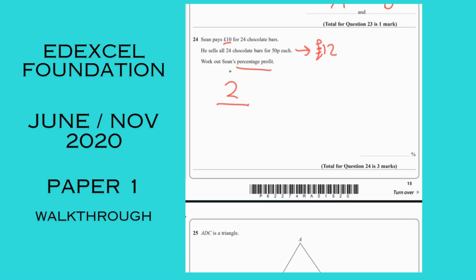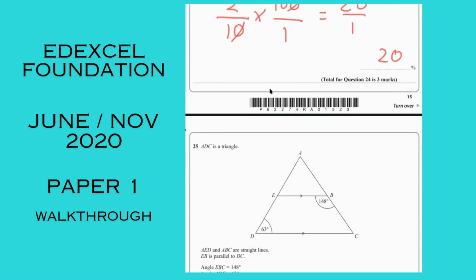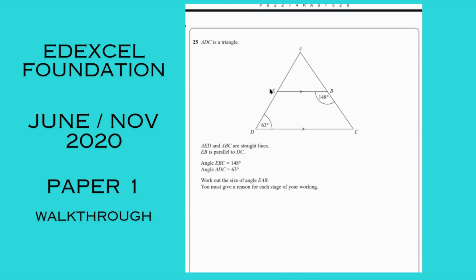To work out percentage profit, it's actual profit divided by original amount multiplied by 100. And again, we can do some pre-cancelling, top times top, bottom times bottom. Not normally friendly if you haven't got a calculator, but they've made this one super friendly.